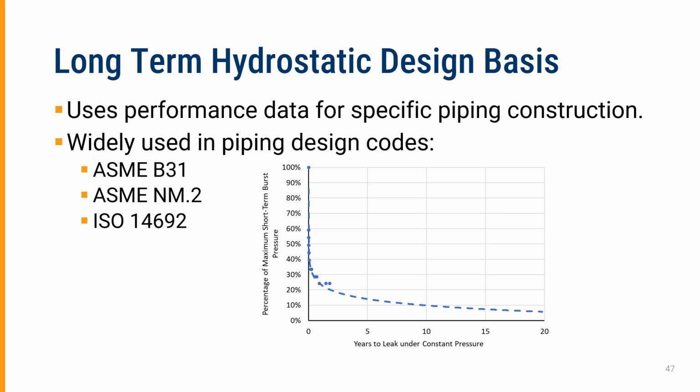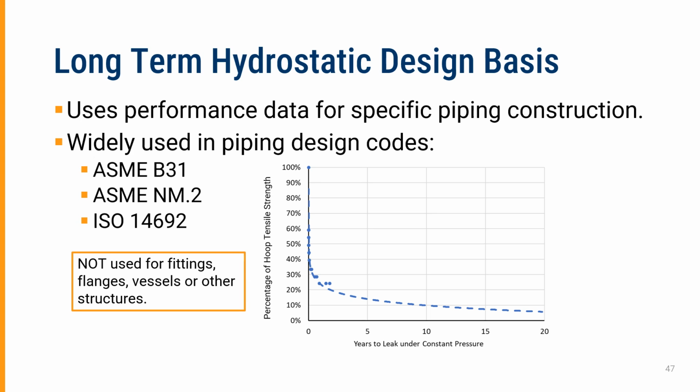Within those codes, you can also design using calculations and stress analysis, but this method is easy, and it allows manufacturers, in fact, to qualify specific pipe designs for pressure environments. This is not used for fittings, flanges, vessels, or other structures.